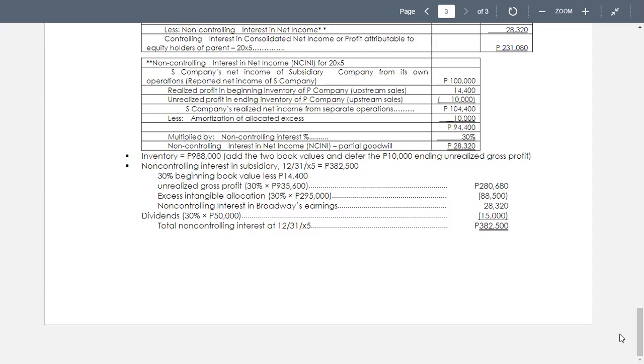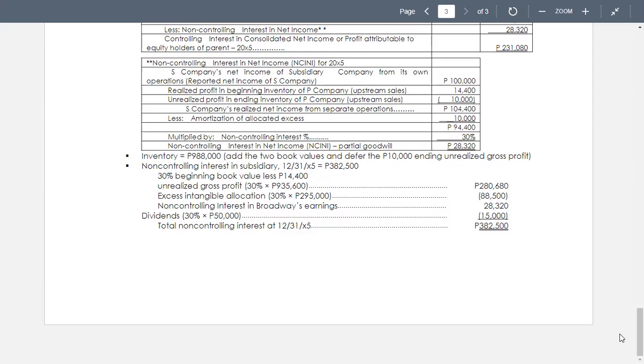Okay. Number 6, compute for the controlling interest in consolidated net income. The controlling interest in consolidated net income is computed as gross profit 692,000. Then we deduct operating expenses of 443,000. So the difference is 249,000.